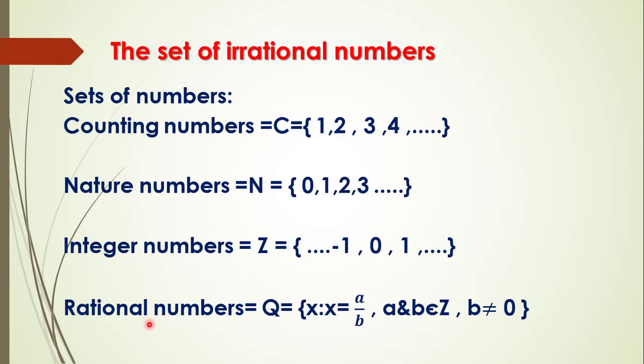Then the rational numbers, Q equals x, where x equals a over b. Any number you can write in the form of a over b is a rational number, since a and b belong to Z and b doesn't equal 0.